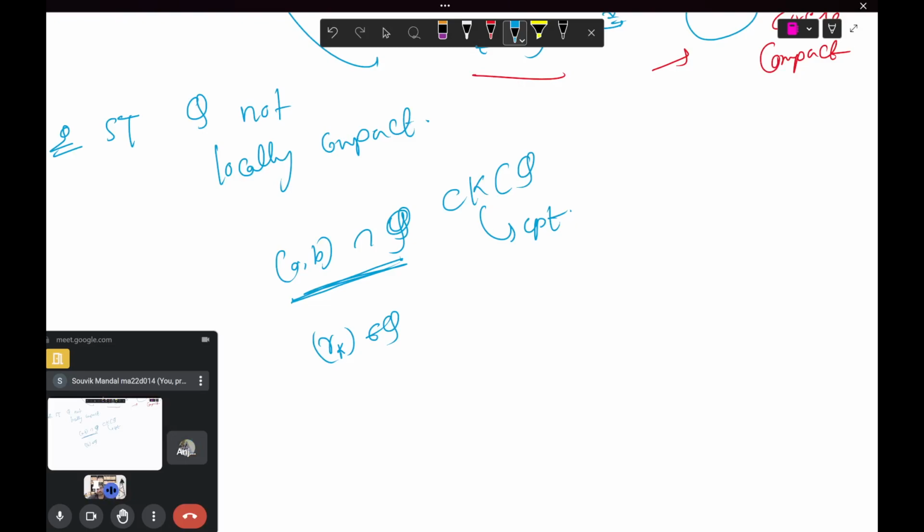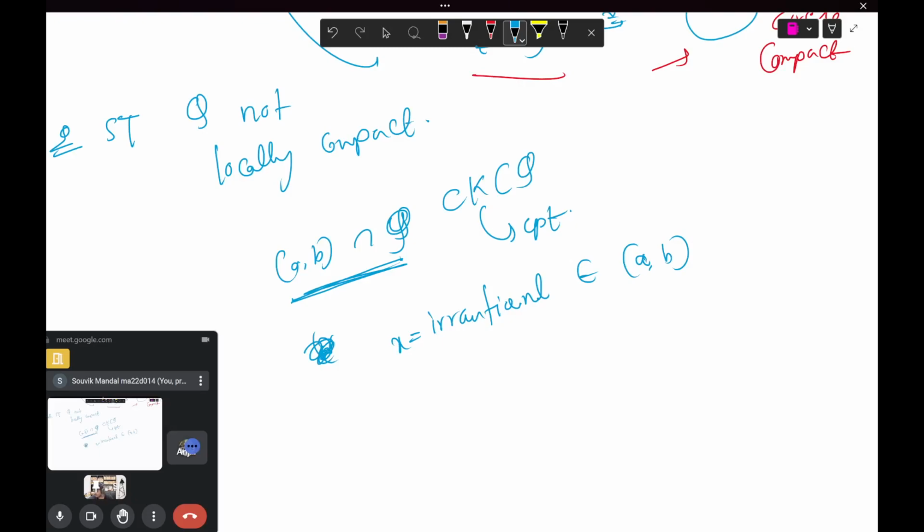Okay. So the thing is, choose an irrational number from the open interval. Root 2 minus 1 by n, root 2 plus 1 by n?